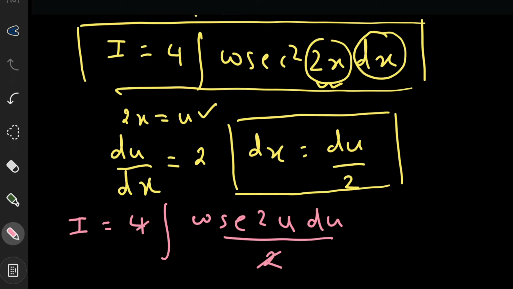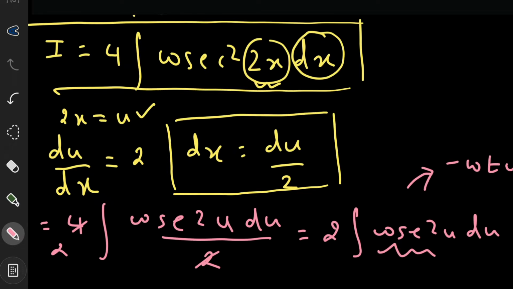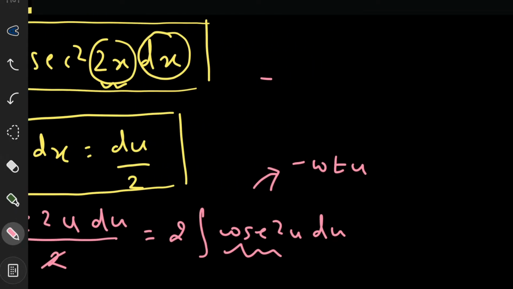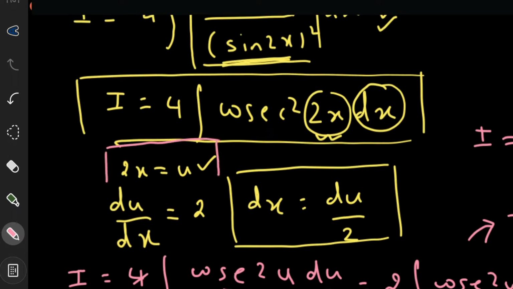Now from the table of 2 it goes to 2. Therefore, this thing would be equal to 2 times the integration of cosec square u du. Now remember the integration of cosec square u is going to be equal to negative cot u. Therefore, here we have the value of I as equal to 2 times negative cot u plus the constant c. Now remember that we have taken u as equal to 2x.